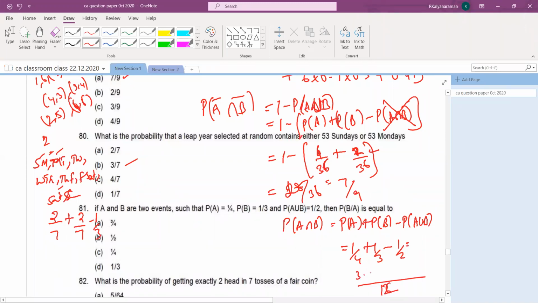So here you will get 3 plus 4 minus 6, so it is 1 by 12. So P of B given A will be P of A intersection B by P of A. So 1 by 12 by 1 by 4. So it is 1 by 3.